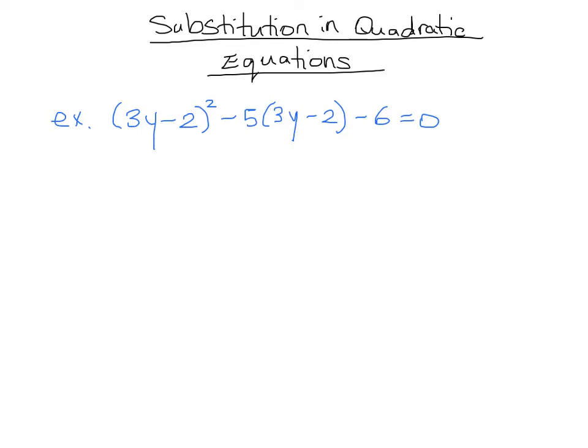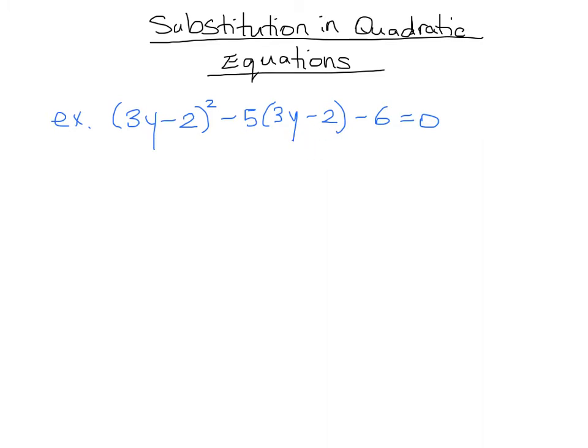Or not. When you see an equation that looks pretty complex and like there's just too much going on, you want to try and find an opportunity to solve it in an easier way. If you take notice here, there's a 3y minus 2 here, and there is a 3y minus 2 here.